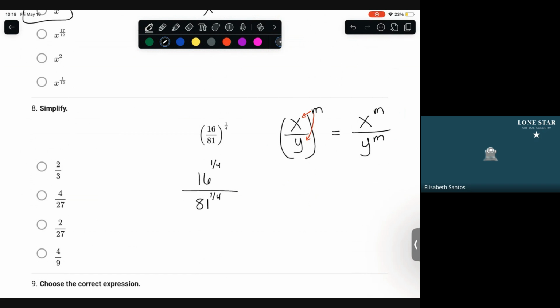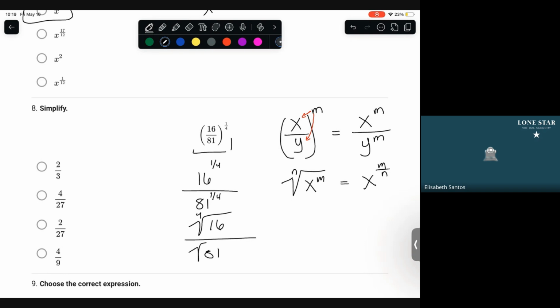So another rule, technically you could just type these into the calculator when they're all numbers and get your answer. But the rule here is if you have a root, another way to write that is a fraction. So it'd be m over n like that. So if I have 16 to the 1/4, another way to see that is the fourth root.